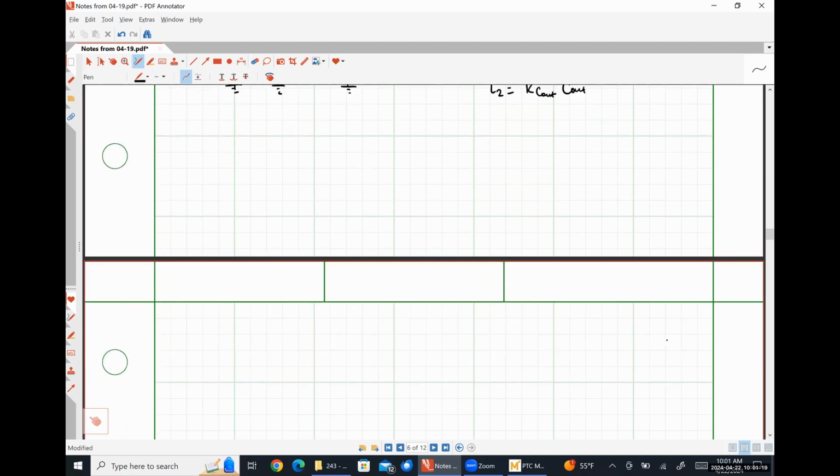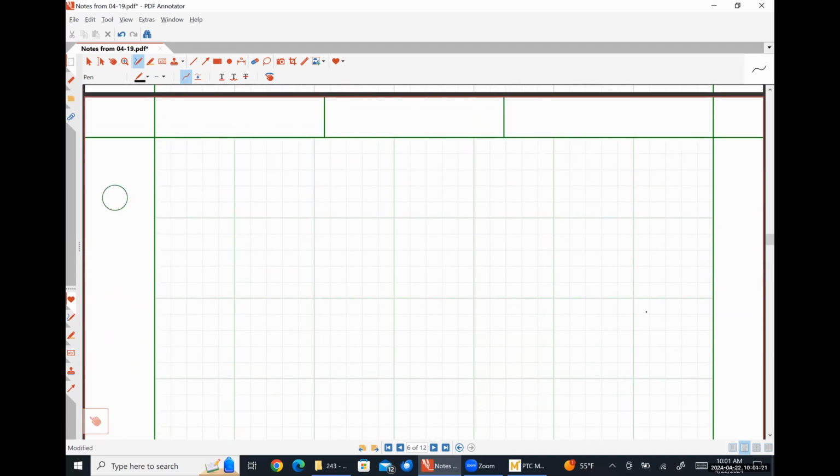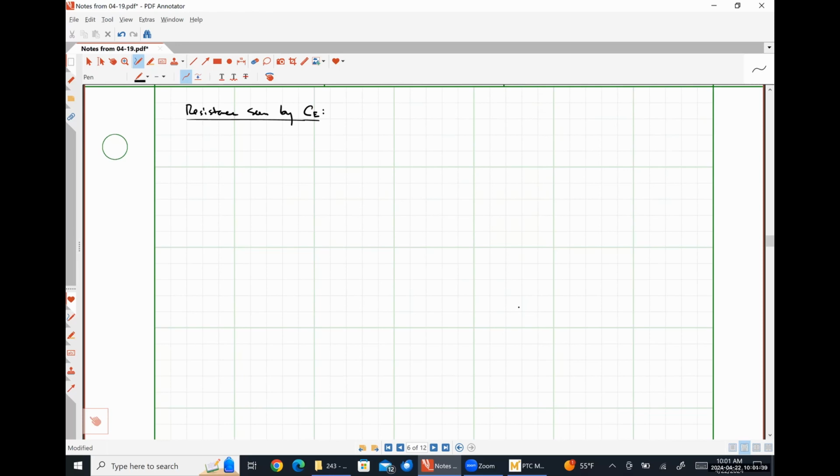If we want to find the resistance seen by capacitance CE, this is where things get a little bit more difficult. So I'm going to draw my picture again. So here's R sig.